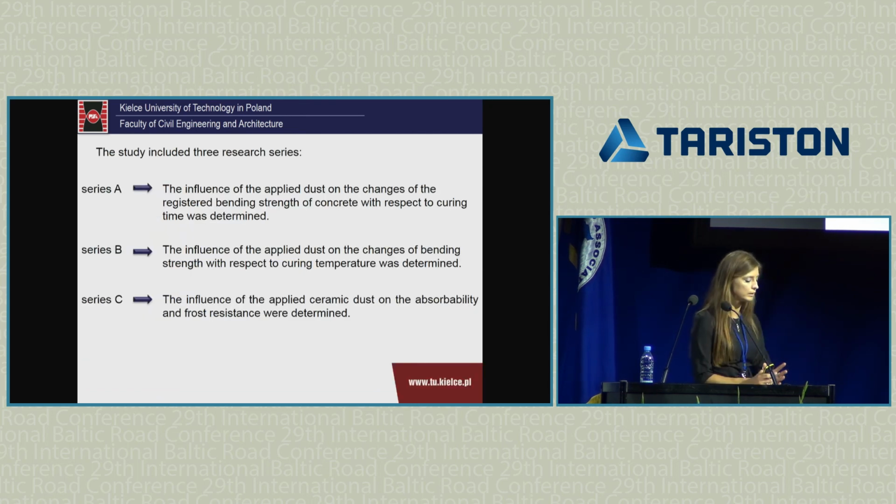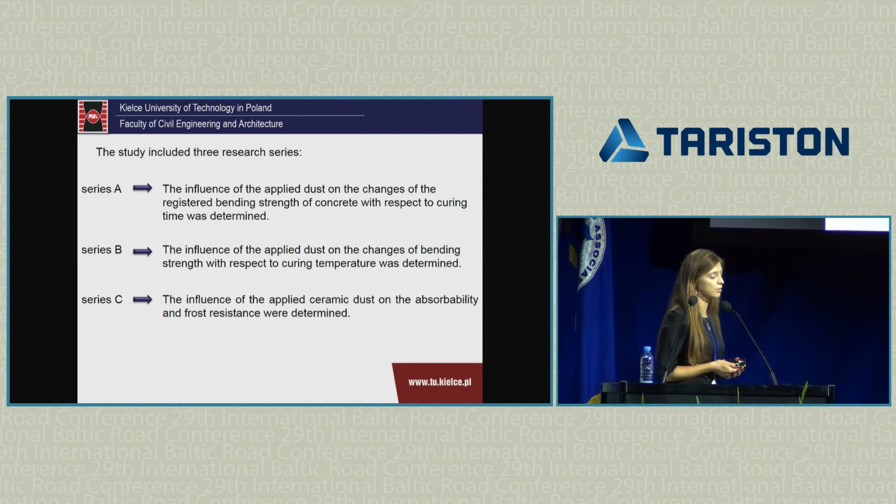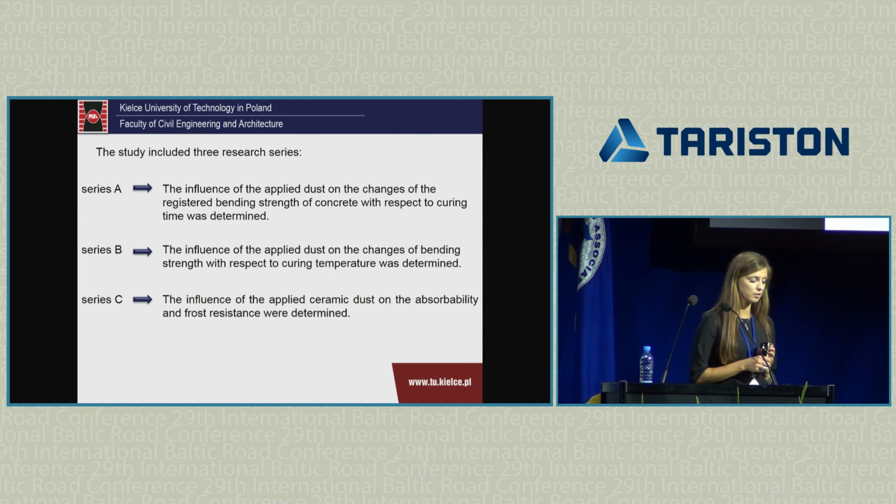The study included three research series: A, B, and C. In the series, different parameters were examined. In series A, the influence of the applied dust on the change of bending strength of concrete with respect to curing time was determined.